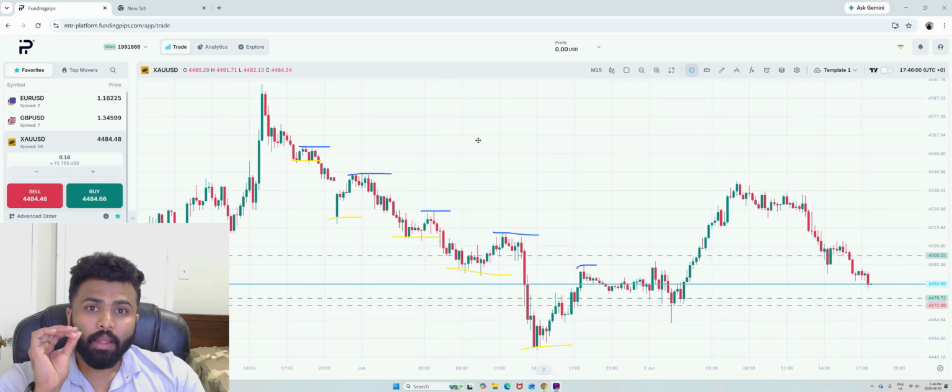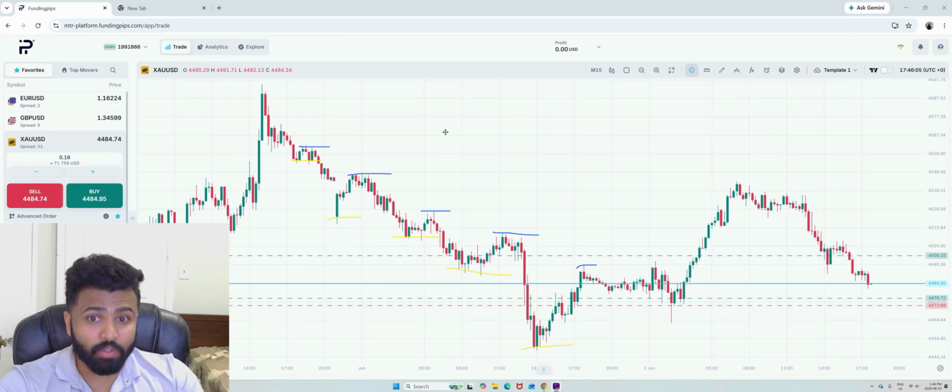Now, if the market is coming in one direction, creating lower highs and lower lows, and it's not breaking any of the previous lower highs, then it means the market is in a bearish trend. As you can see, it's coming down, lower low, lower high. It did not break the lower high. It went down again, created another lower low.